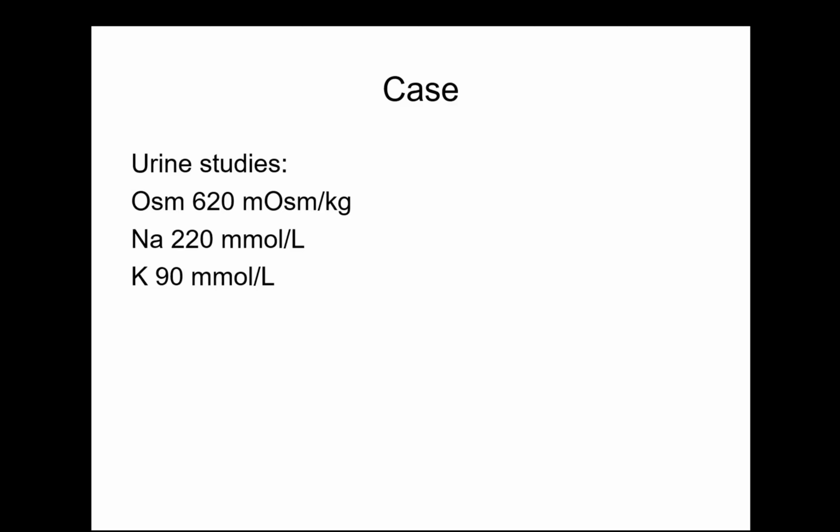Okay, so now you have the numbers. Urine osmolality 620, urine sodium 220, urine potassium 90. My question to you is, if you give this person the liter of normal saline, what will her serum sodium be after that liter of normal saline?